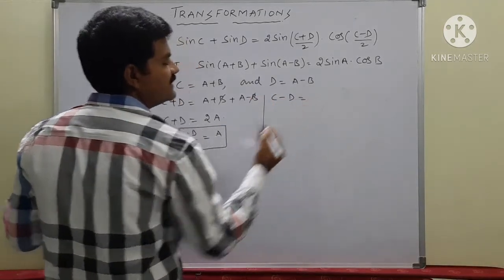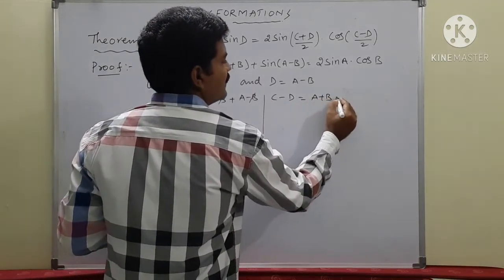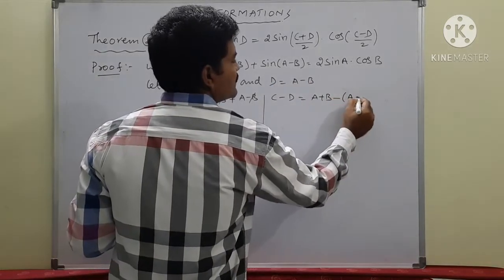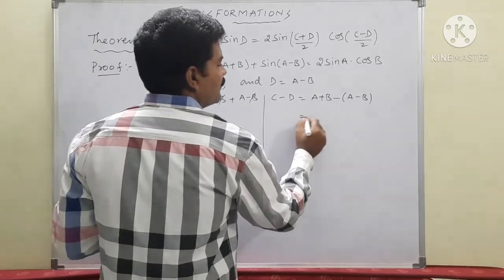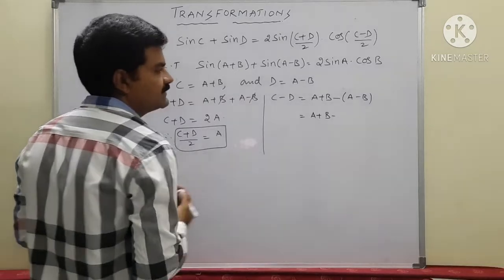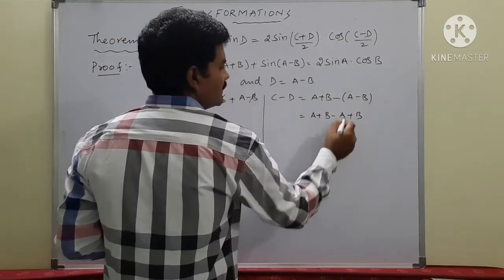In the same manner, let us find c minus d. So c is nothing but a plus b, minus d, which is a minus b. So once again there is a minus before this bracket, hence signs are going to be changed. Minus a plus b.